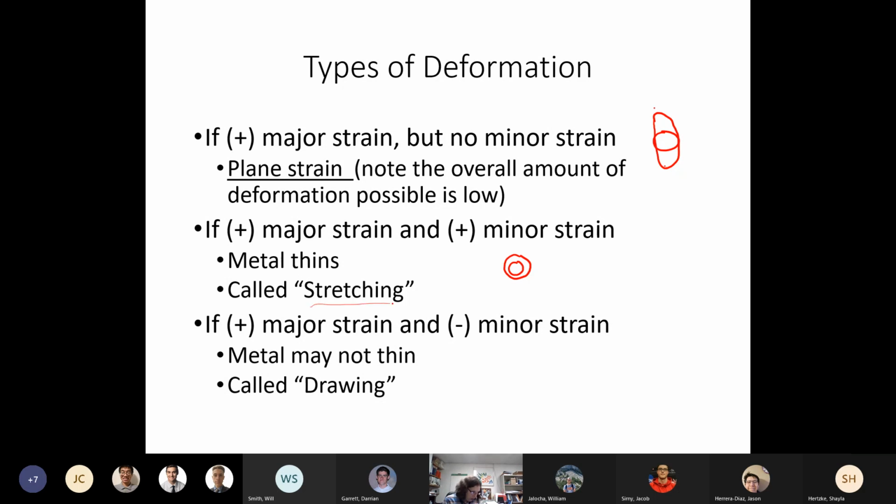That is called stretching. So if we refer to the type of deformation as stretching, so the material is stretching and it's thinning, we often find that this is not a desirable type of deformation, because it means that our product, what we produce, is going to have thin areas in some places.